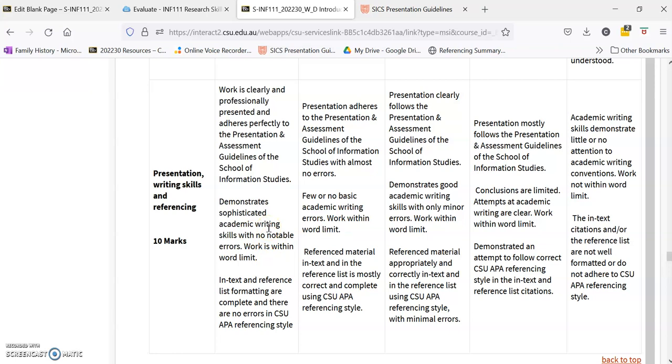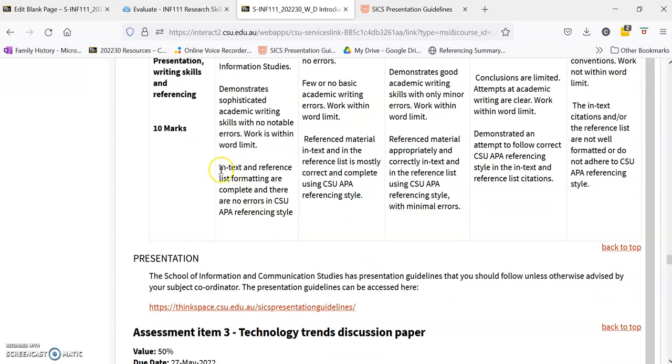Do your sentences make sense? Do your paragraphs make sense? Do you not have a sentence that's 4 miles long? That you've proofread and you've corrected grammatical errors and spelling errors. That's all wrapped up with sophisticated academic writing. And obviously that your referencing is correct.